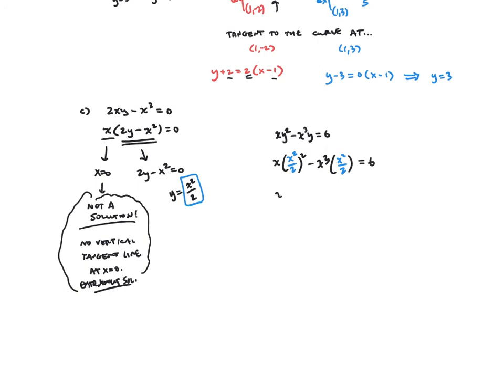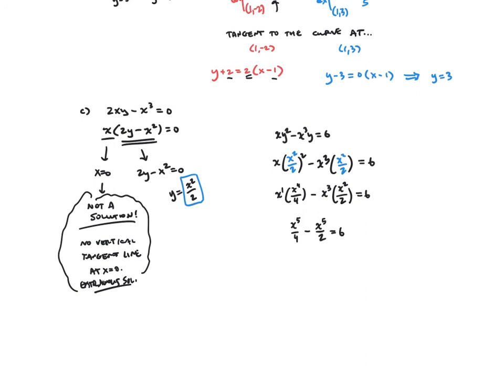So that would mean I'd have x to the first times x to the fourth over 4 minus x cubed times x squared over 2. That would be x to the fifth over 4 minus x to the fifth over 2 is equal to 6.